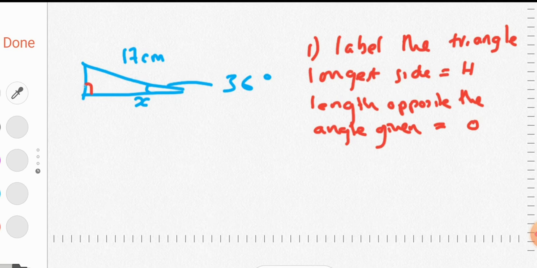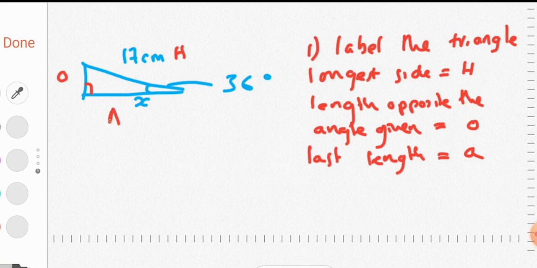We label that the opposite. Then the length left over is called the adjacent. So the last length, we call it the adjacent. Right, so now we've labeled our triangle.